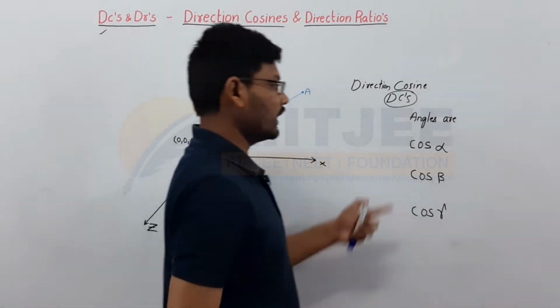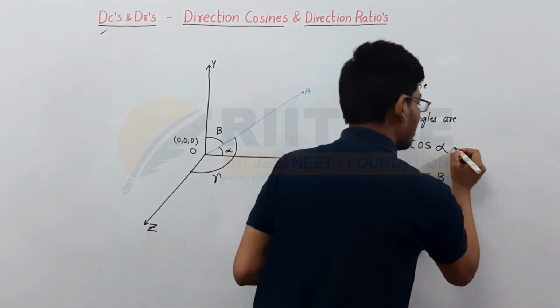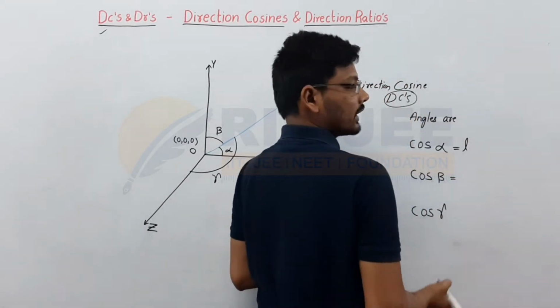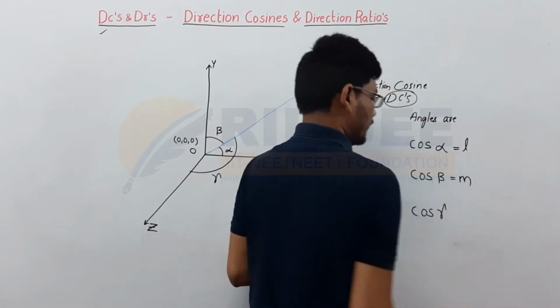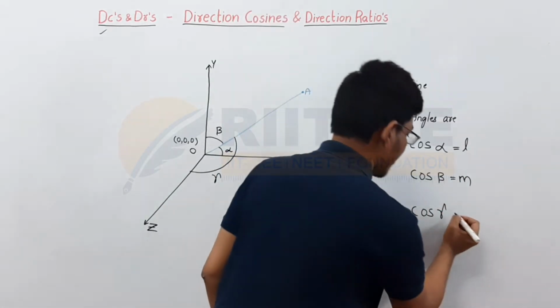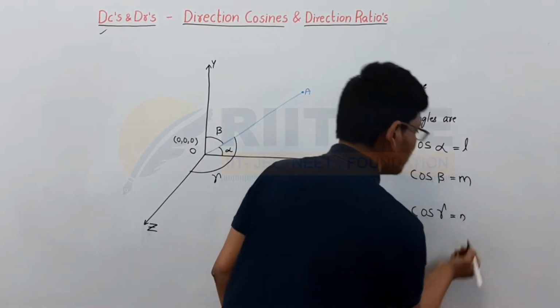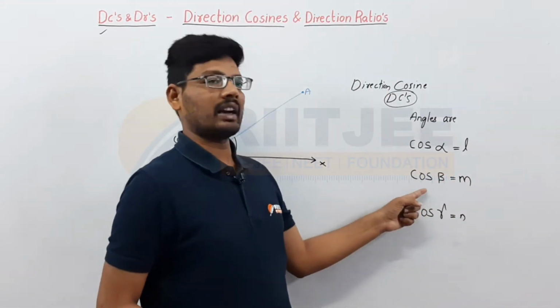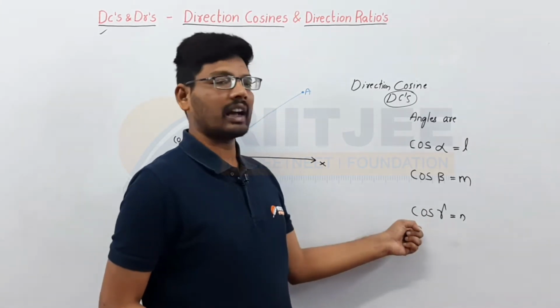Here cos alpha can be considered as L, cos beta as M, and cos gamma as N. So L is nothing but cos alpha, M is nothing but cos beta, N is nothing but cos gamma.